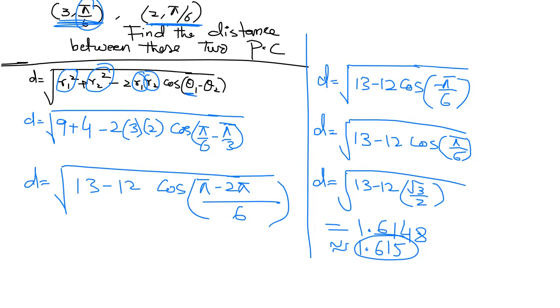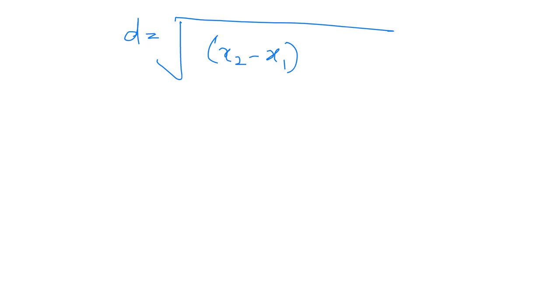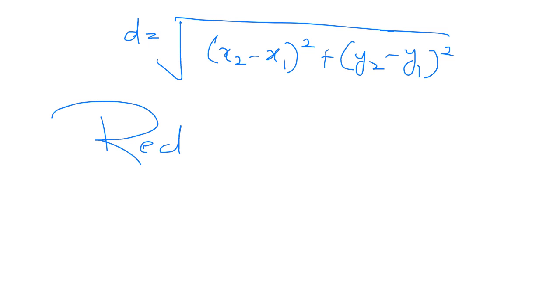Okay, for example, for rectangular coordinates, maybe you studied about that one, d is equal to the square root of x2 minus x1 whole square plus y2 minus y1 whole square. Okay, so this is the formula for 2 points in rectangular coordinates.